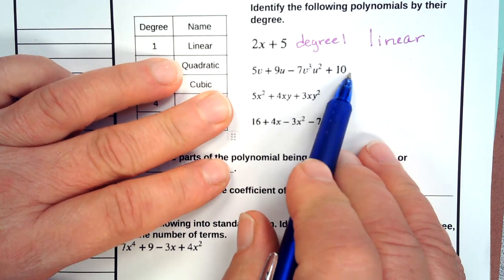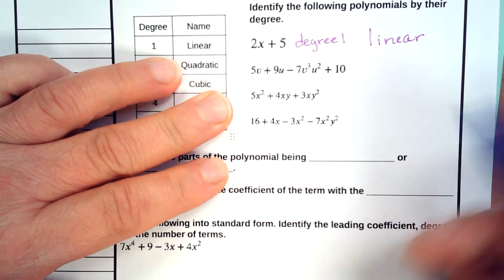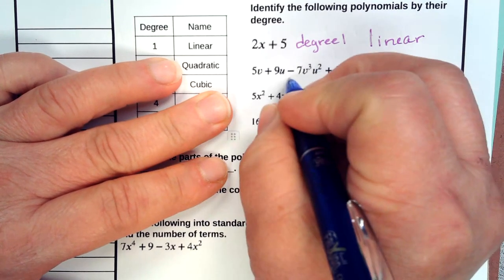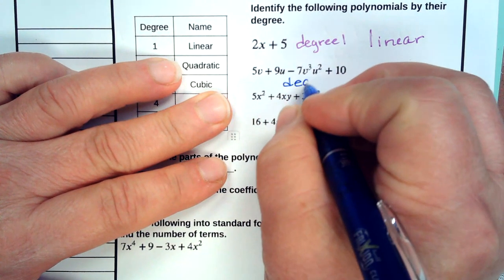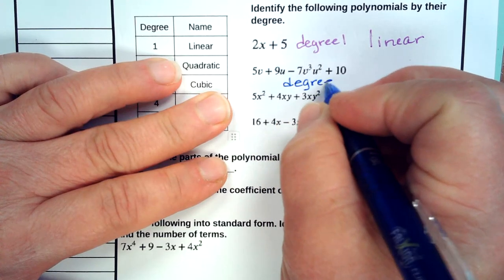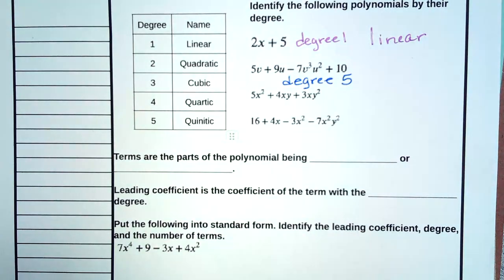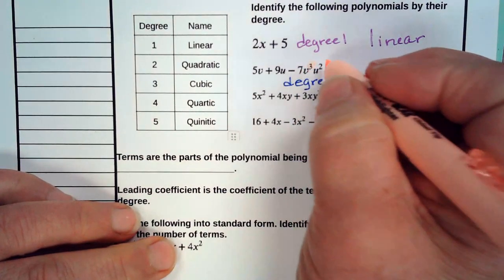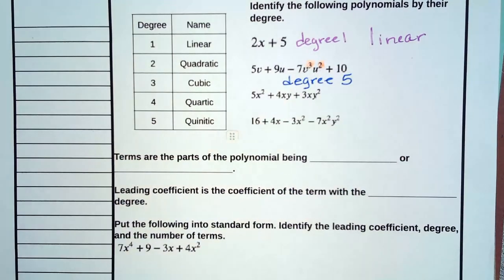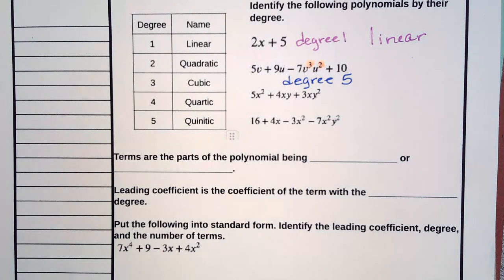This one doesn't count because it doesn't have a variable. So this is degree 5. And if I'm looking at the degree 5, that is my quintic. I would call it quintic.